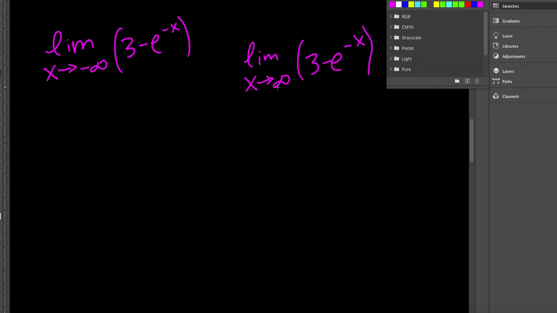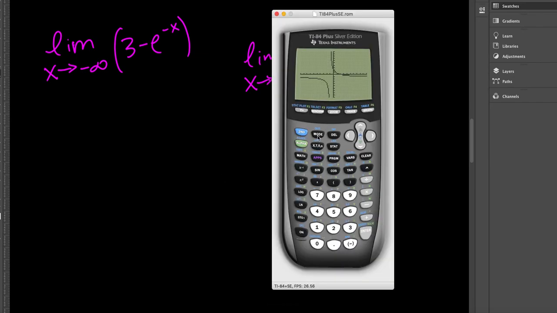Okay, so once again, I think we should look at a graph. So click on this. Let's see, go to the equals, and we got 3 minus e to the negative x.